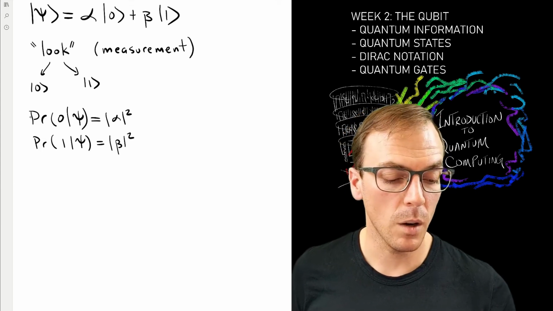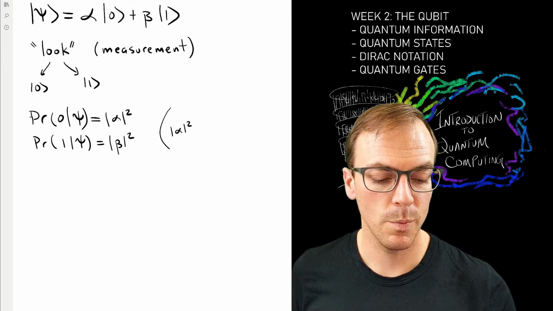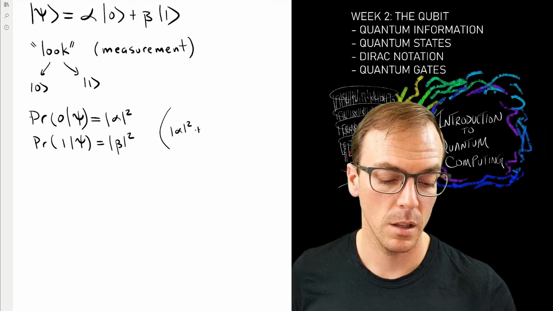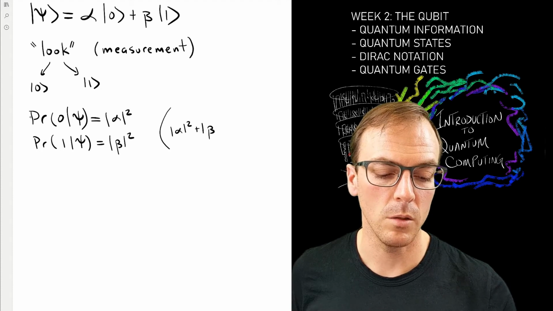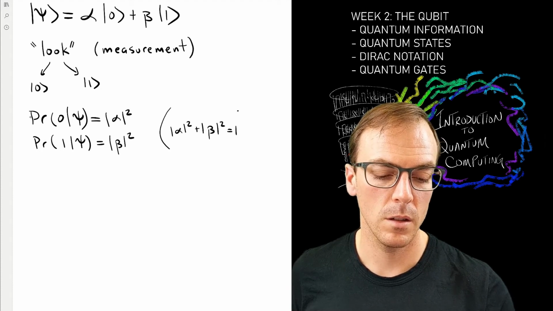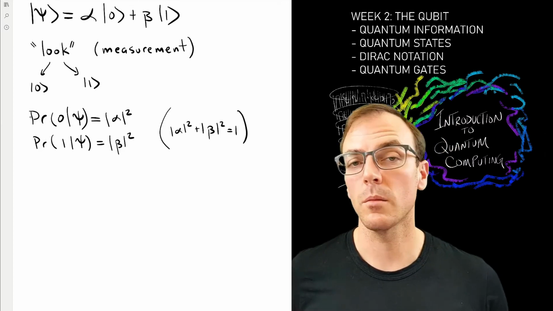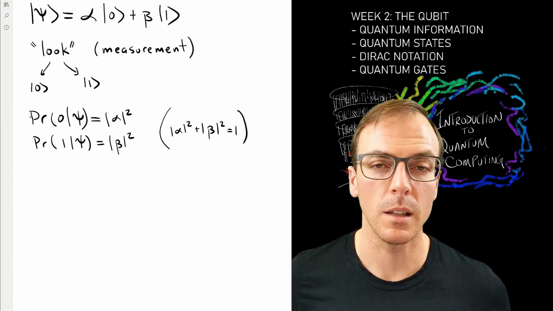And now you can see why, by the way, since the probabilities of this mutually exclusive and exhaustive set of outcomes have to sum to 1, we consider unit vectors. So if you remember, at the outset we said, let's consider two-dimensional complex vectors. That sounds like a fun way to do computation.